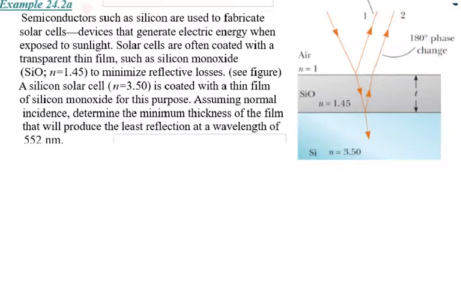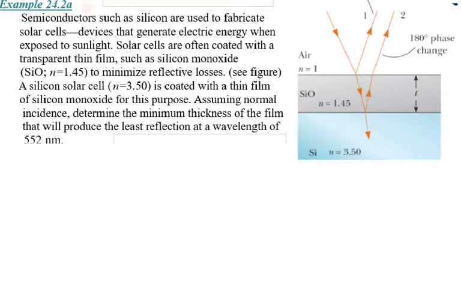So you see here in the picture, a silicon solar cell, which has the index of refraction of 3.5, is coated with a thin film of silicon monoxide for this purpose.